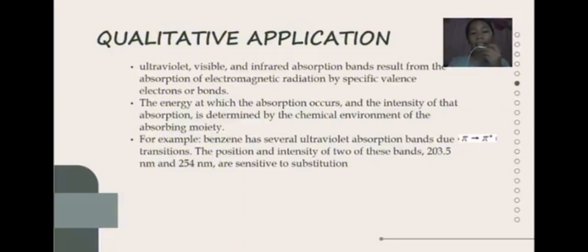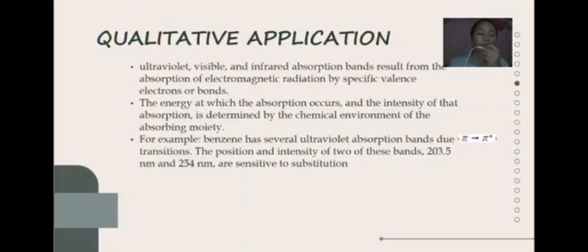This qualitative technique is used to perform quality control checks of raw materials and biologically relevant compounds such as nucleic acids, DNA and RNA. The energy at which the absorption occurs and its intensity are determined by the chemical environment of the absorbing species.